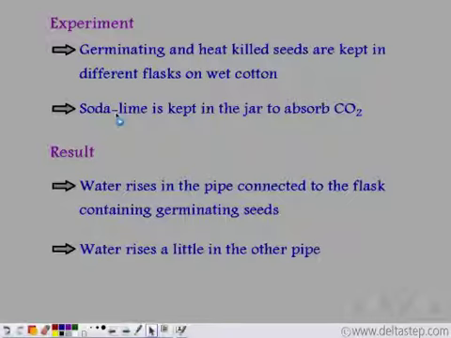But in the other flask, because of the presence of soda lime, carbon dioxide is absorbed. So there is little reduction of air pressure in flask B. But since flask B contained heat-killed seeds, they did not respire, so the oxygen in the air was not taken up, so there was no further loss of pressure, so water rose only a little to make up for the absorption of carbon dioxide.